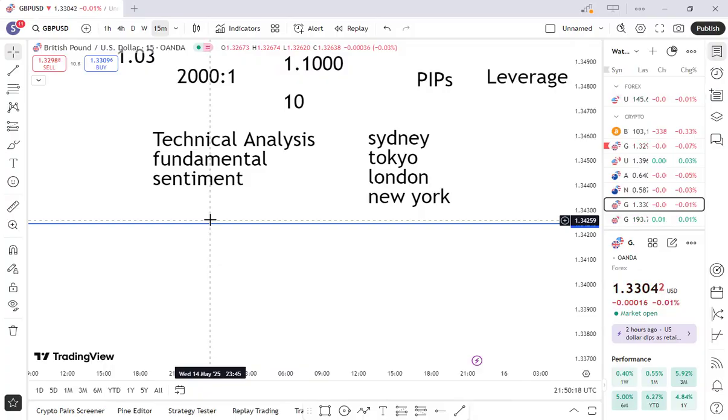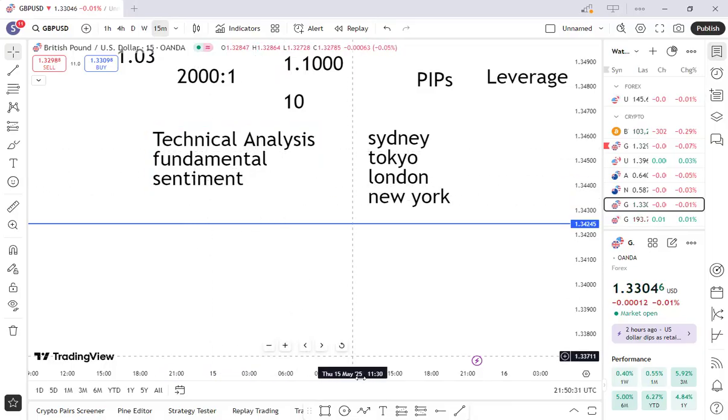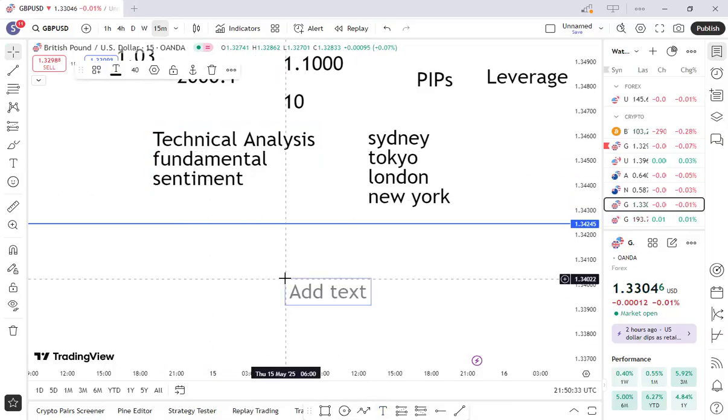All right. So I'll be discussing the common strategies that we have in trading, which are your scalpers, your day traders, your swing traders, and your position traders. Let me write it out for those of us that are new.